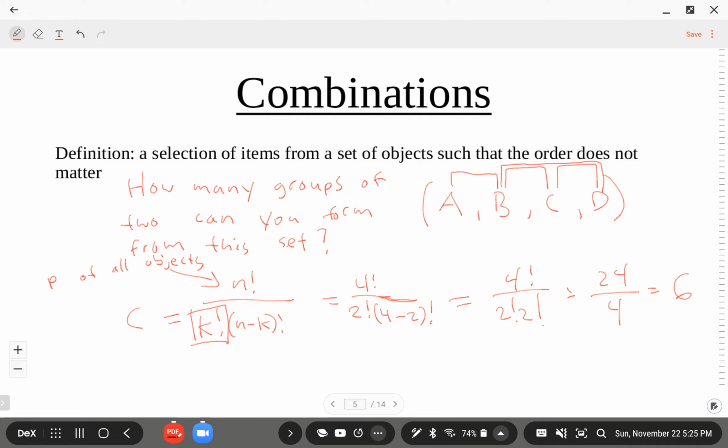So that is why we divide by this permutation of k, because the permutation of k is basically the arrangement, the order of it. But in combinations, order does not matter, so we divide this permutation so we don't have this order. Let me abbreviate: permutation of objects in group.